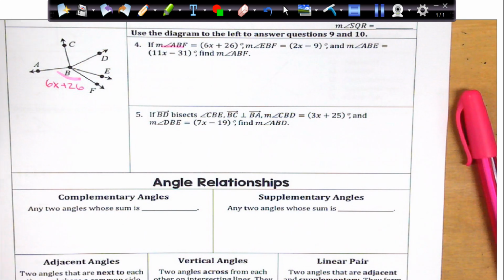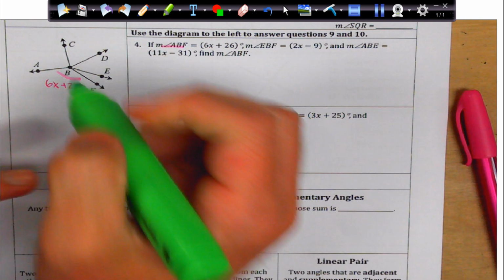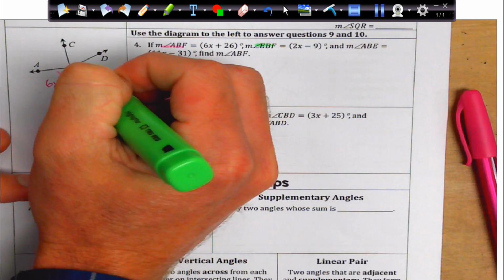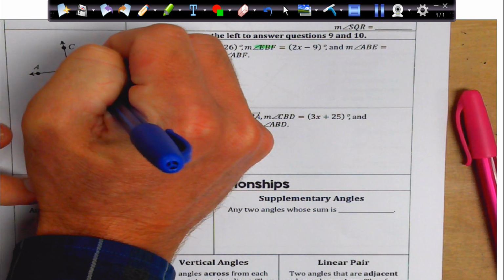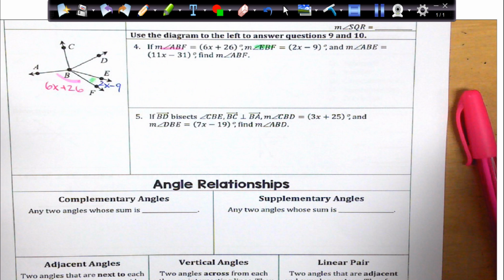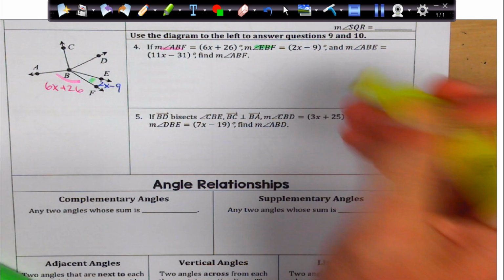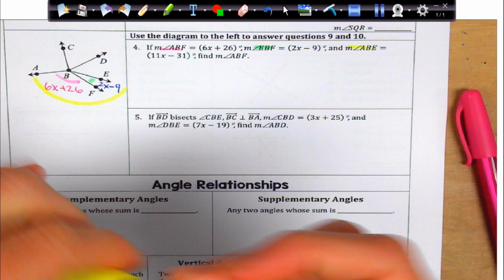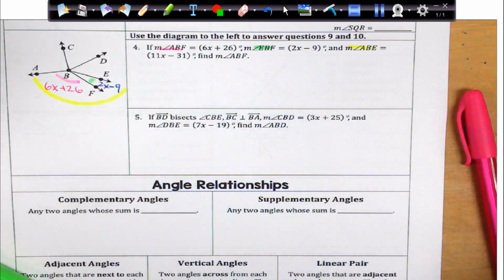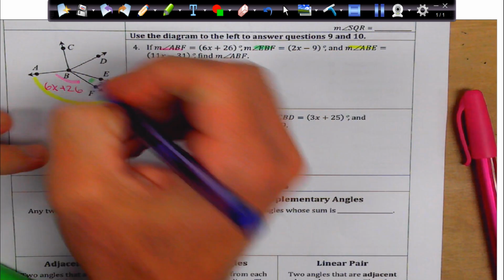And then EBF right there is this guy, and he is 2x minus 9, and then ABE, now ABE looks like it's the whole thing, and that is 11x minus 31.